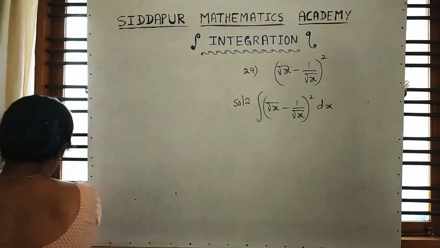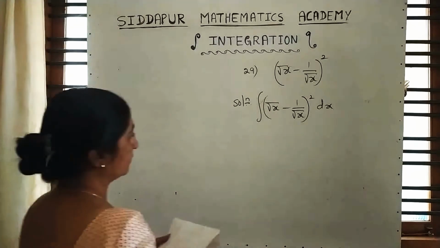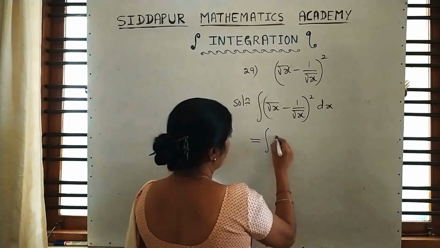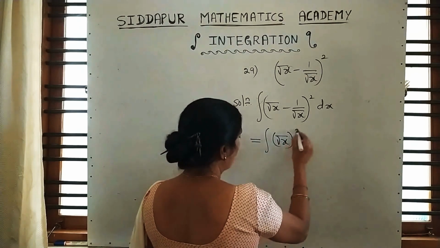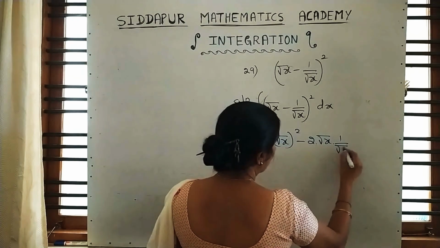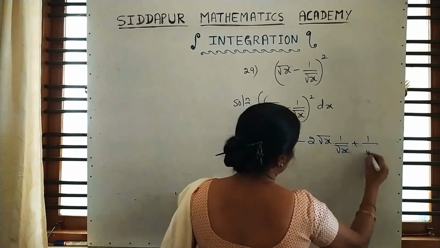Applying a minus b whole square: a square minus 2ab plus b square.